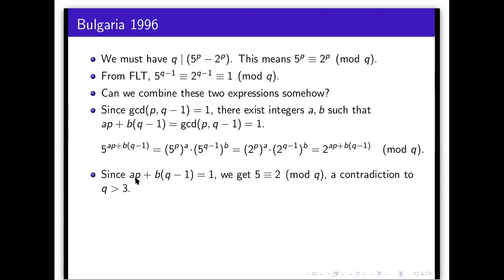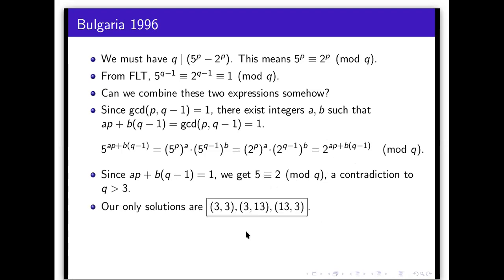So since this exponent is equal to 1, we just get 5 is equal to 2 mod q. But we're assuming that q is greater than 3. And so we get a contradiction directly. So that means that there are no more solutions, and our only solutions were these.